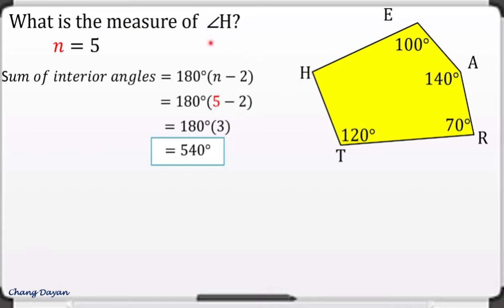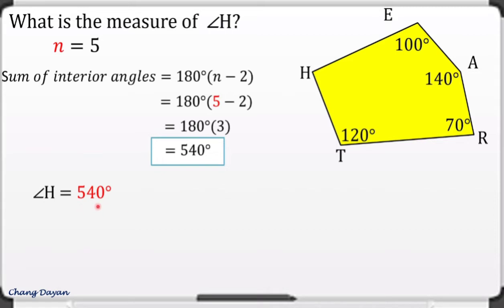So, it said here, you have to find the measure of angle H. Okay. To find the measure of angle H, since 540 is the total measure of our interior angles, we will just subtract the given angles.